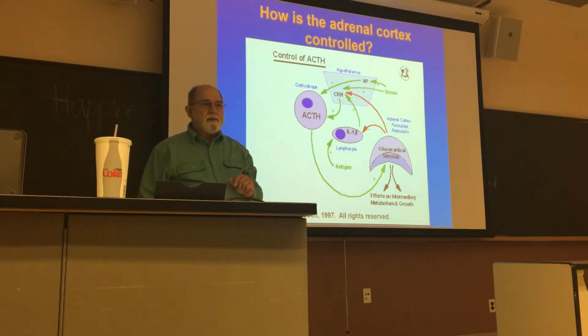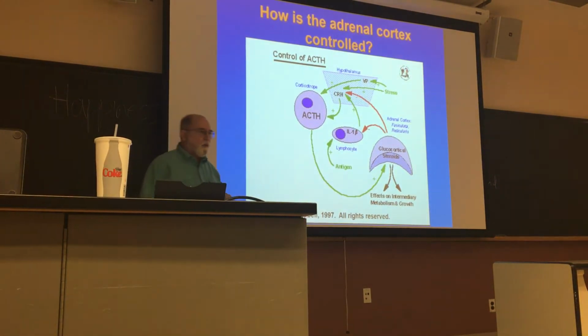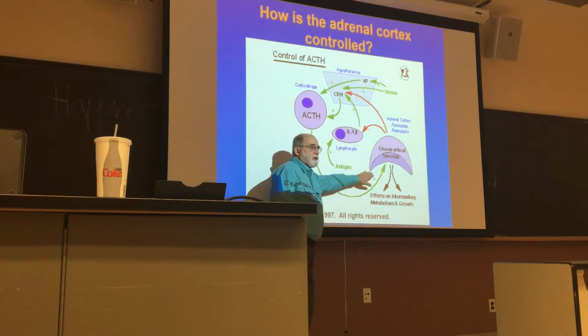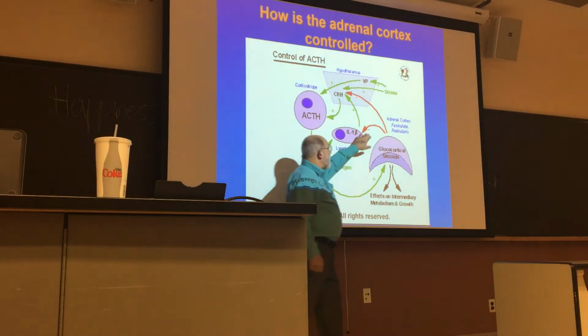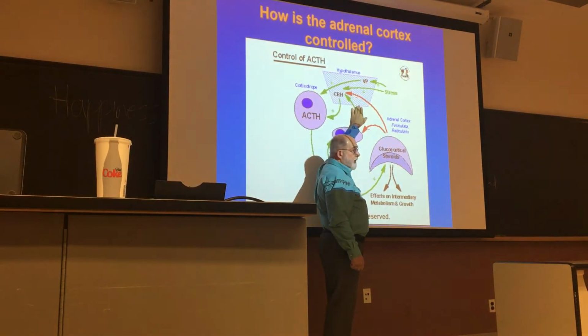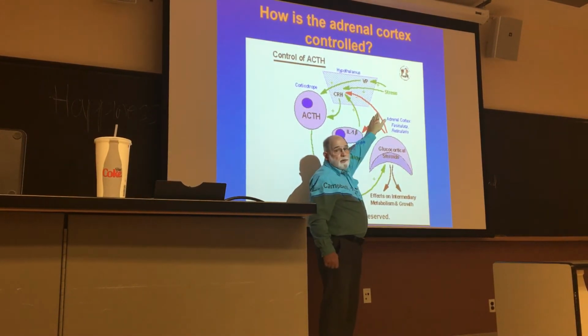What will cause overstimulation? Any of those. Okay, a lack of negative feedback to the hypothalamus. So there could be a problem with the receptor for glucocorticosteroids. That's one. What else?